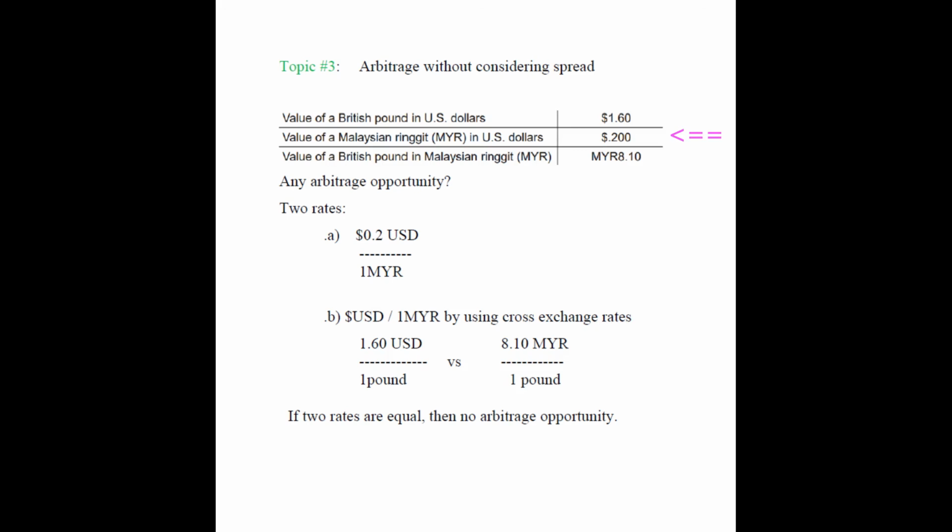And the other is $1.60 USD for 1 pound, with 8.1 ringgit for 1 pound. Then from these, we calculate the exchange rate between USD and ringgit. If these 2 rates are equal, then we don't see any arbitrage opportunity. If they are not equal, then we have an arbitrage opportunity.